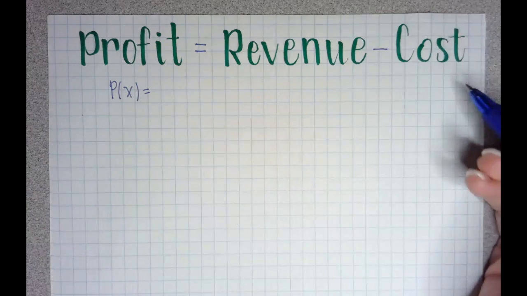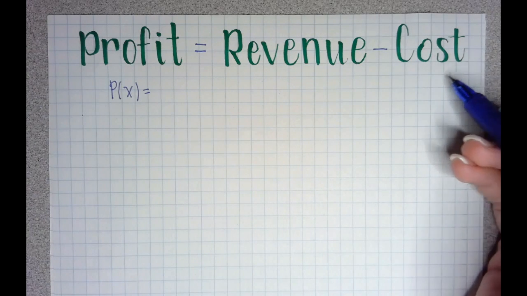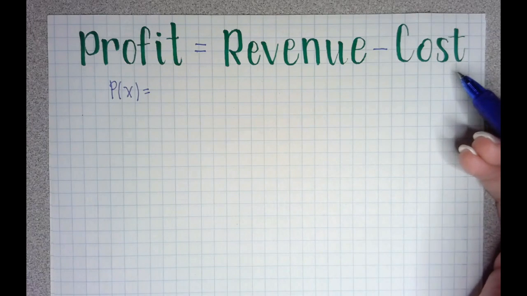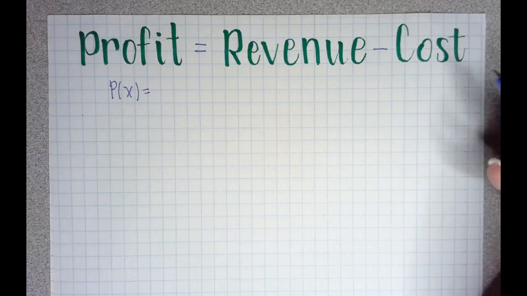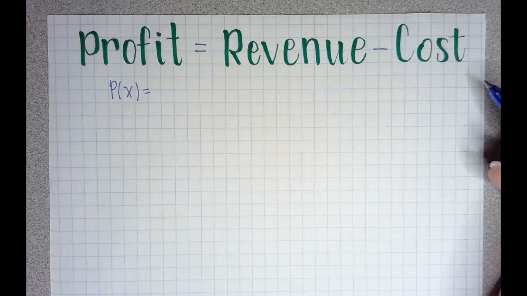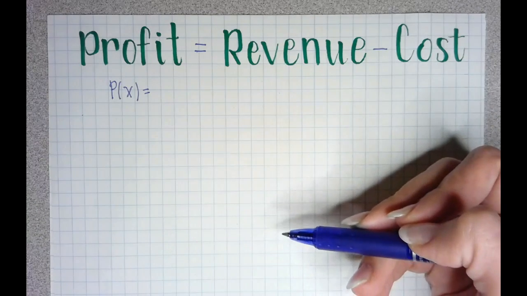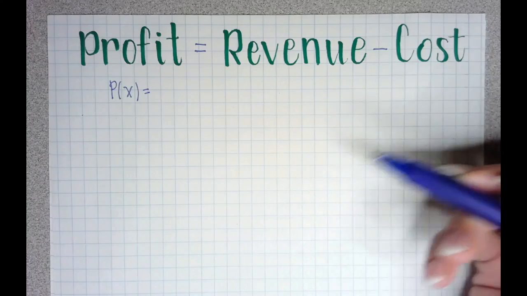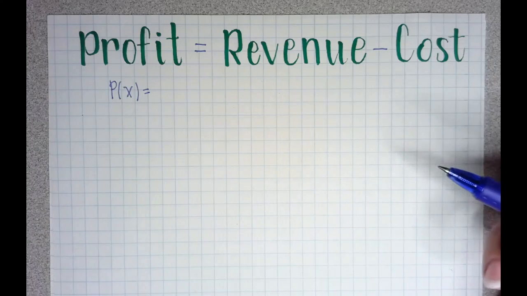Your cost is going to be the things you buy: cups, lemons, sugar, a pitcher, the materials to make a sign, the materials to make your lemonade stand, the materials to advertise. Your revenue, if you're charging 25 cents a cup, is 25 cents times the number of cups of lemonade. X is the number of cups of lemonade.